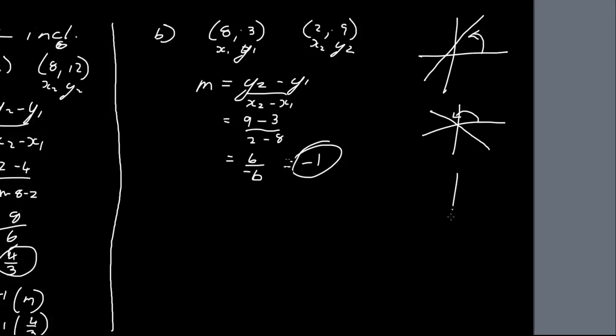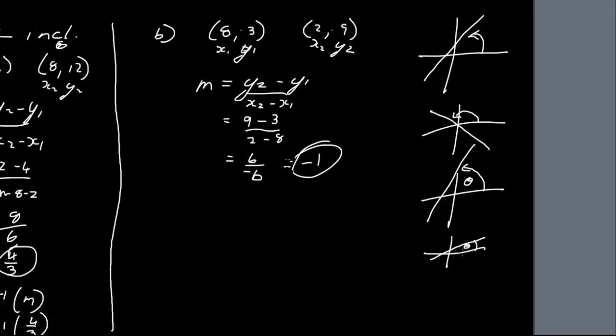For any positive line, the angle of inclination is always going to be less than 90 degrees.